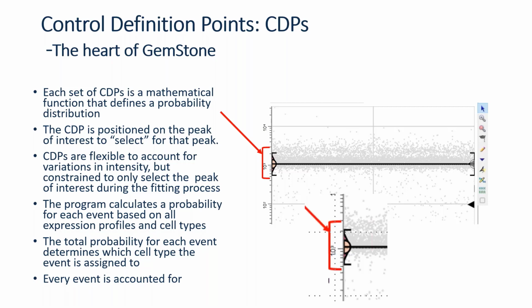And during the analysis, the program will calculate a probability for each event using all the information from all the cell types and all the expression profiles as well, and then calculate a total probability for the event, which will determine where the event is assigned. So again, every event in the data file is accounted for, and any unassigned or unclassified events are enumerated.